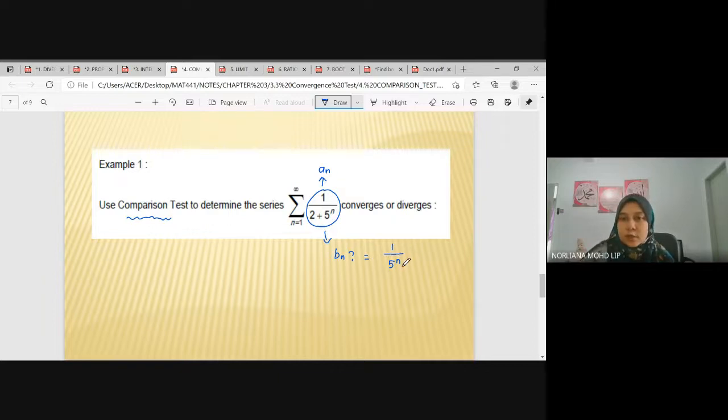We can write the summation of 1/5 to the power of n, which is a geometric series.